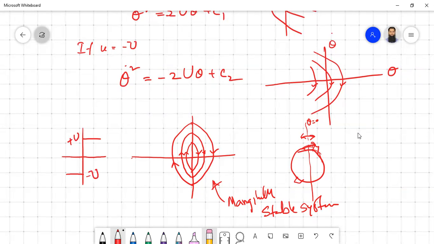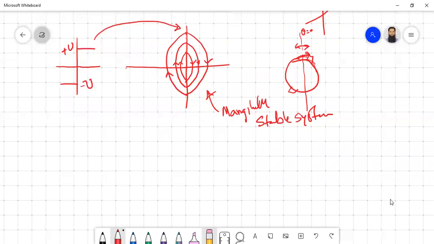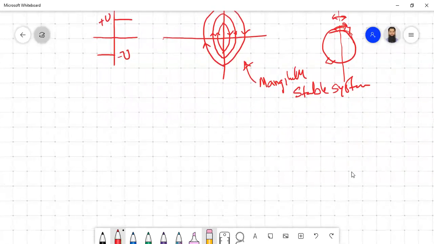That is also linked with the direction of the phase changing in this particular case, one going clockwise and the other going anti-clockwise. So this is more or less how to use the analytical method to figure out the phase portrait of a system. The next method is the method of isoclines.